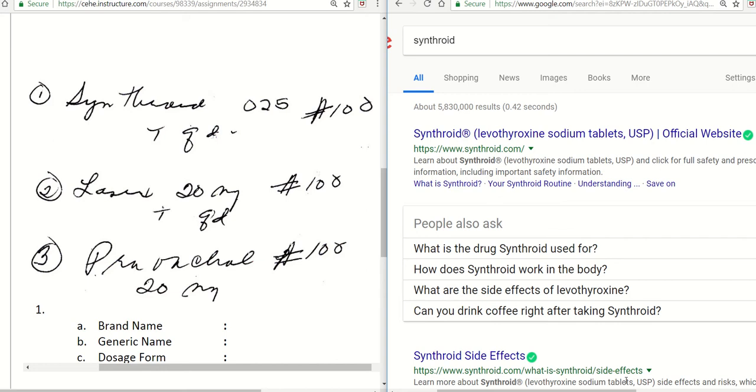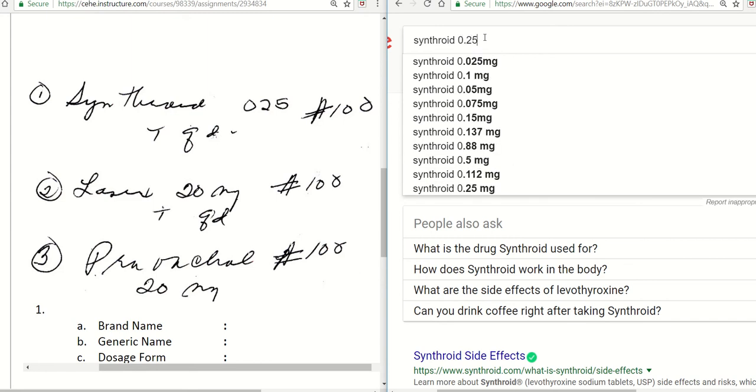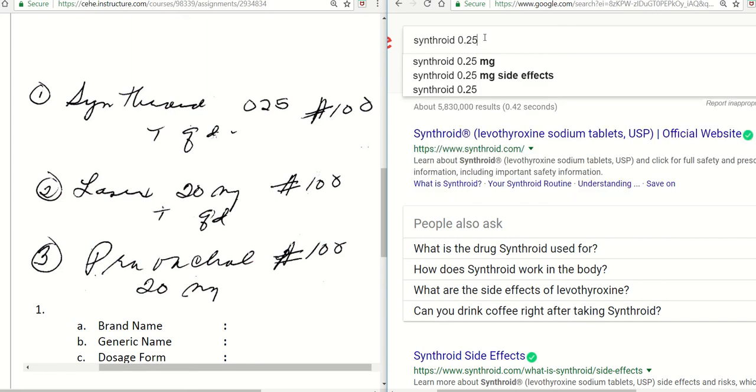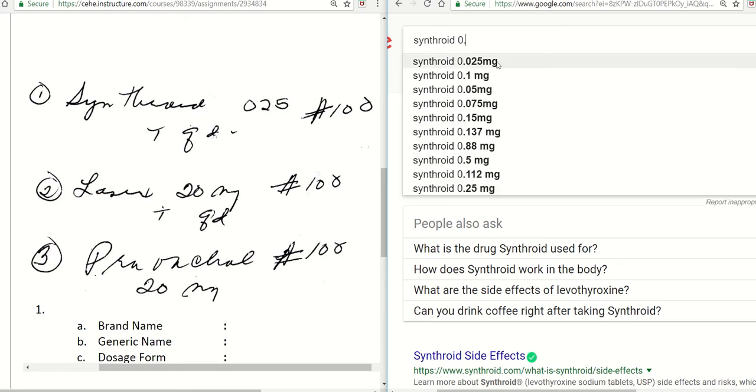What's the strength, guys? What is that? I'm assuming that's 0.25. 0.25. What? Milligrams or grams? 0.25. Or is it 0.025? Like this one. Which one is it?